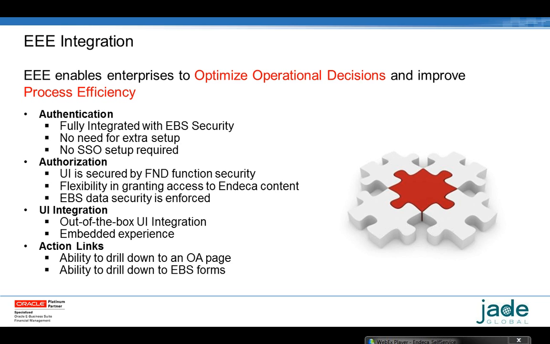But earlier the limitation was you could navigate only to OA pages. Now with this extension, Oracle provided an additional feature where you can even open a forms application and then do a transaction. In other words, you're doing discovery, you find some anomaly in your data, and then you click on a particular transaction. You can directly open EBS and complete the transaction then and there, as long as you have the required privilege to do that.